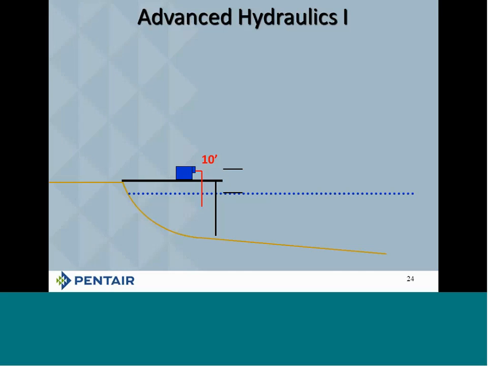From the surface of the water to the datum plane of the pump is going to be 4 feet. Now, the question is, what is the friction loss at 20 gallons a minute in 1.25 PVC pipe?